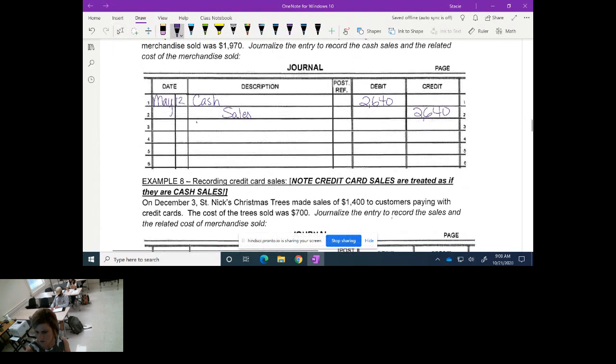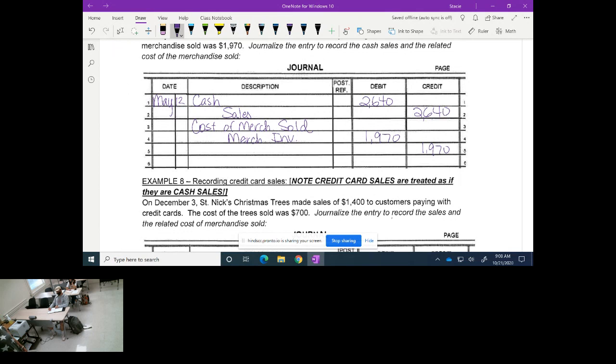You're going to debit cost of merchandise sold for $19.70, and you're going to credit merchandise inventory for the same amount. That's why I like to do them like that, because you have the same numbers.